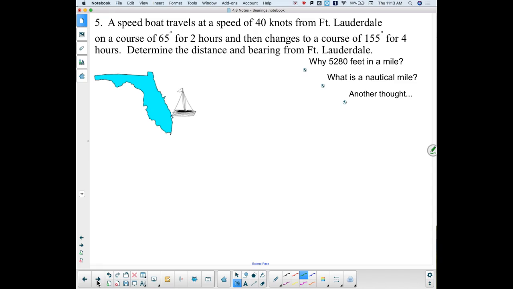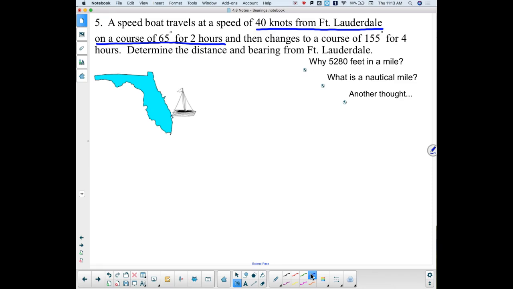So a speedboat travels at a speed of 40 knots from Fort Lauderdale on a course of 65 degrees for 2 hours.